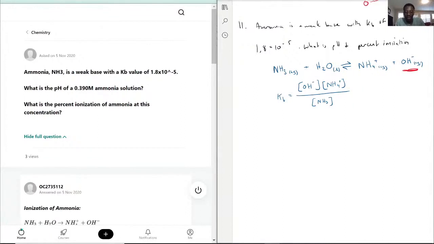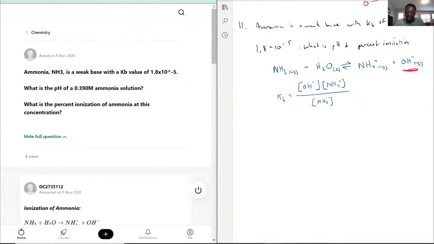It would be pretty much how much of the NH3 actually separated into the NH4 and OH minus. So we can kill two birds with one stone here, because we're going to use the ice table.